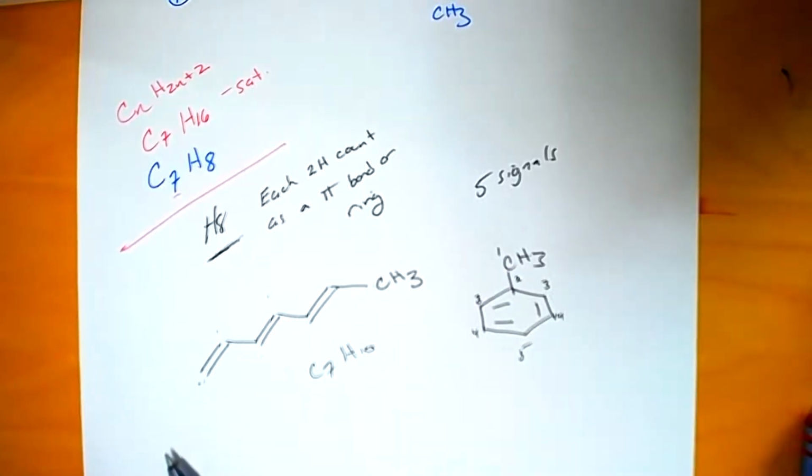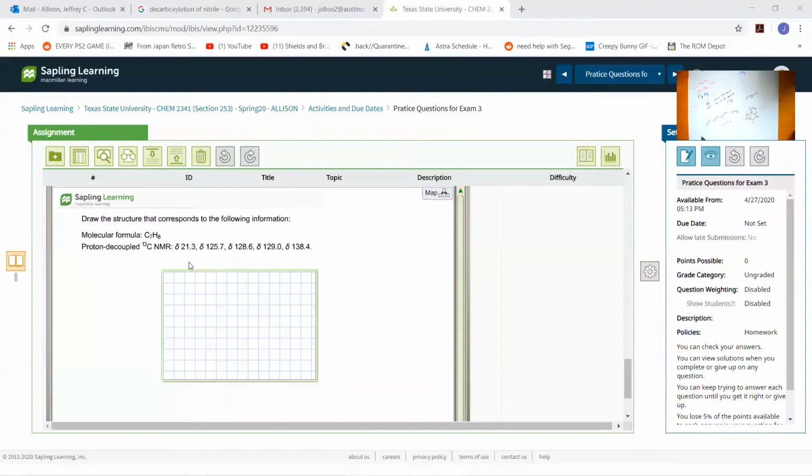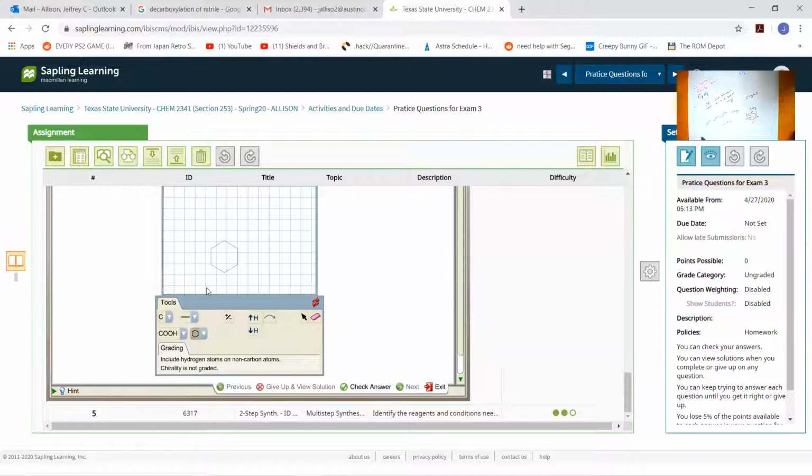So if we go back to the original question here and try to pencil that in, put a ring, we're going to have a double bond, and we're going to do 1, 2, 3, and then we're going to have an extra carbon coming off right here.